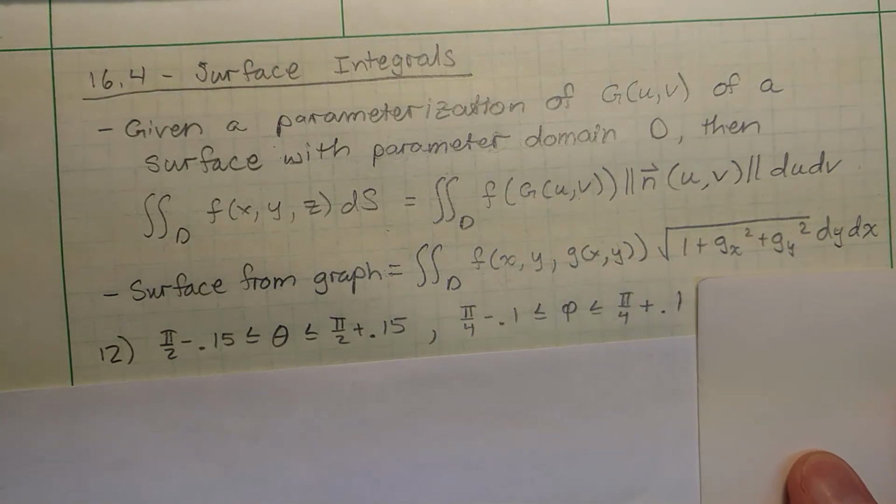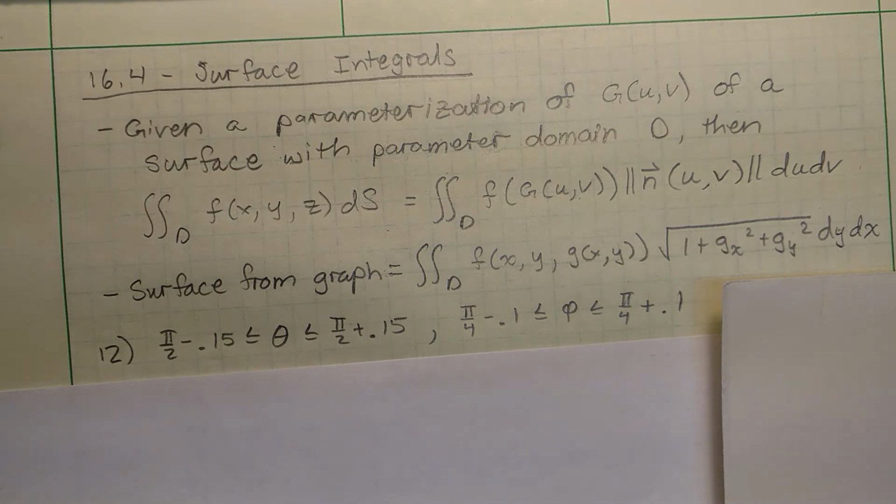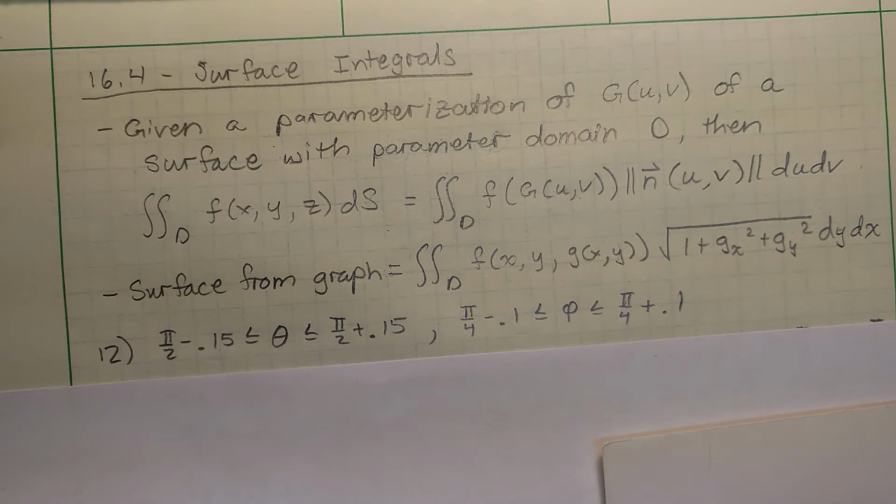And here's our phi region: it's basically pi over 4 plus or minus 0.1. And that's the region that we have there. What it asks us to do on 12 is first to sketch the small patch of the sphere whose spherical coordinates have those ranges.